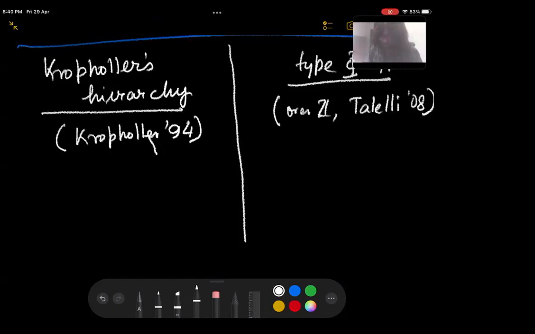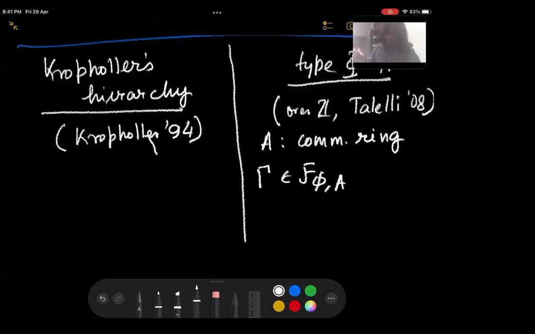So I say, let A be a fixed commutative ring. Well, actually I don't need finite global dimension, just a fixed commutative ring. Then I say a group gamma is of type phi, denoted by this symbol, which was sort of invented by me.